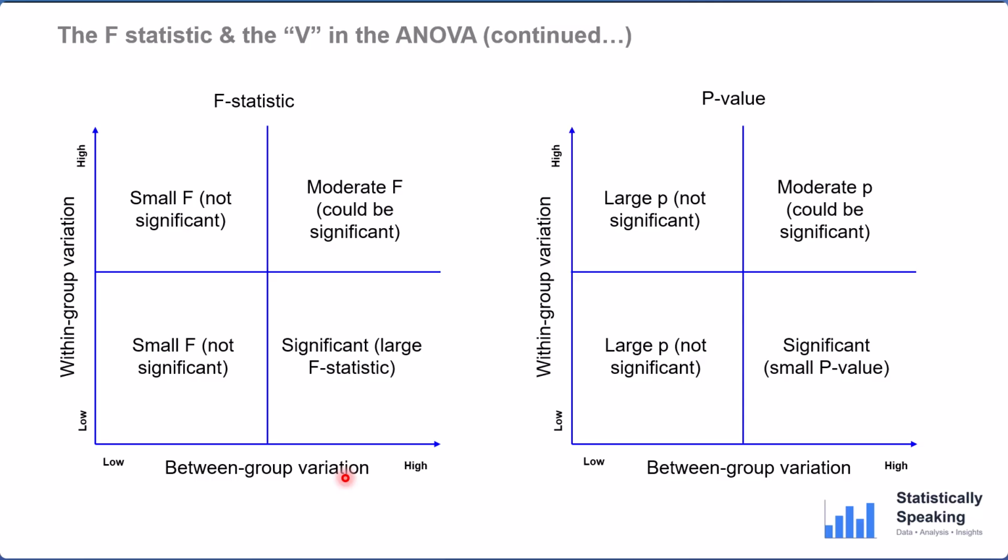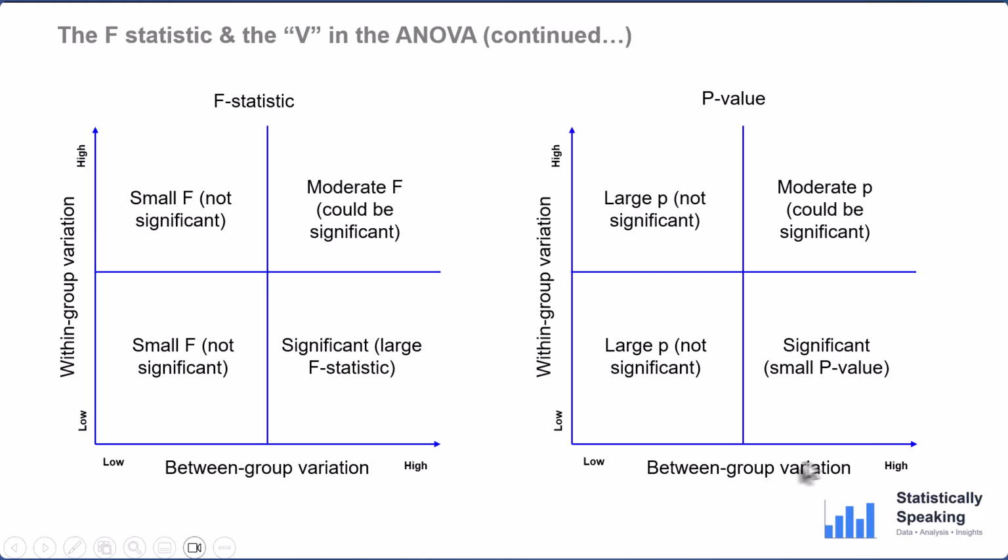If you have between group variation which is high, and within group variation which is low, that's where you would typically, in this quadrant, expect to see a significant result, which means a large F statistic. Here as well, you could see a significant result where the between group variation is high and the within group variation is high. That's possible because we are talking about a ratio, so it's the ratio that matters, not the absolute value.